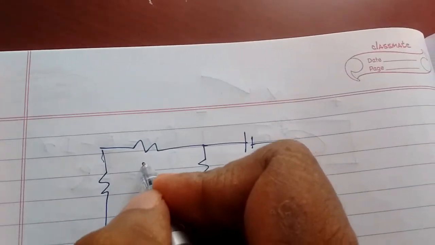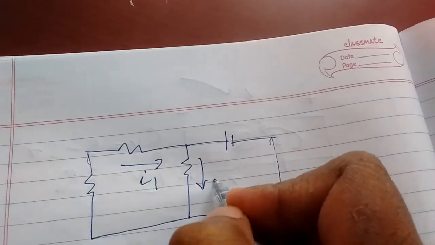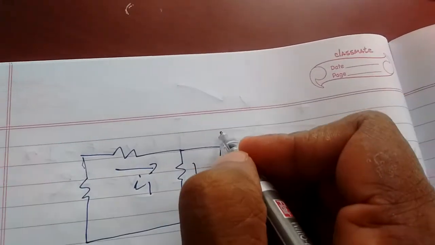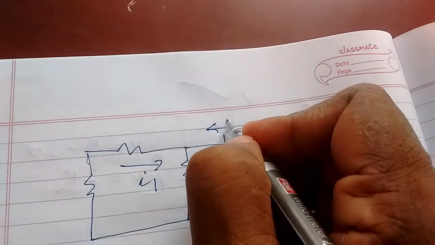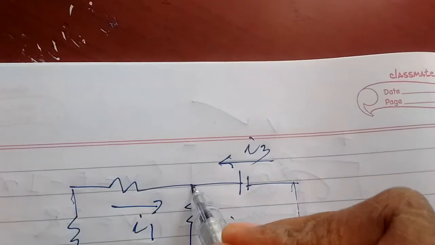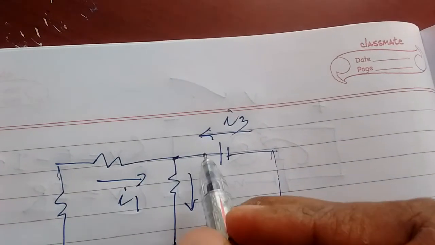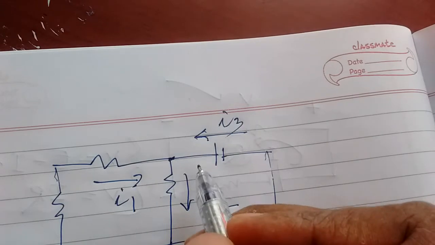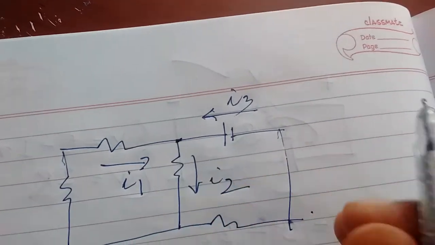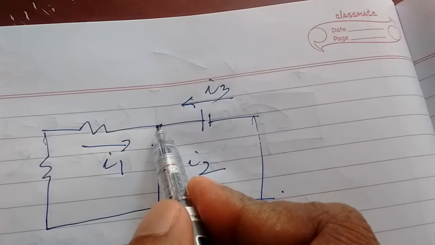Let us suppose current entering here is I1, outgoing is I2, entering here, suppose I3. Okay. Now this is a junction. Junction is the point where more than two branches meet. Okay, this is the point. Here you look, this is a junction.